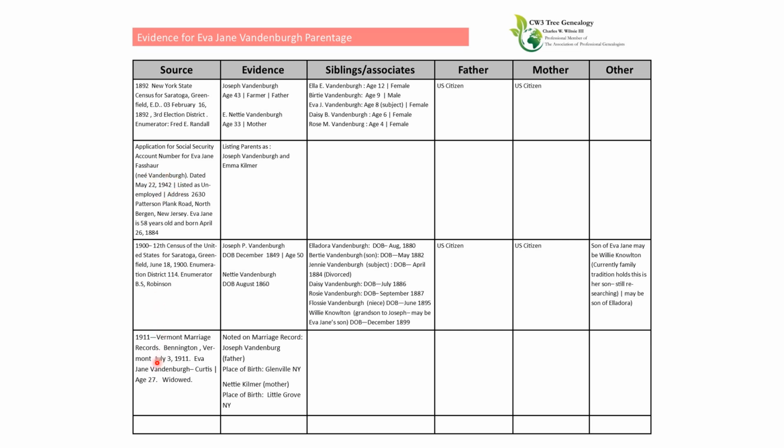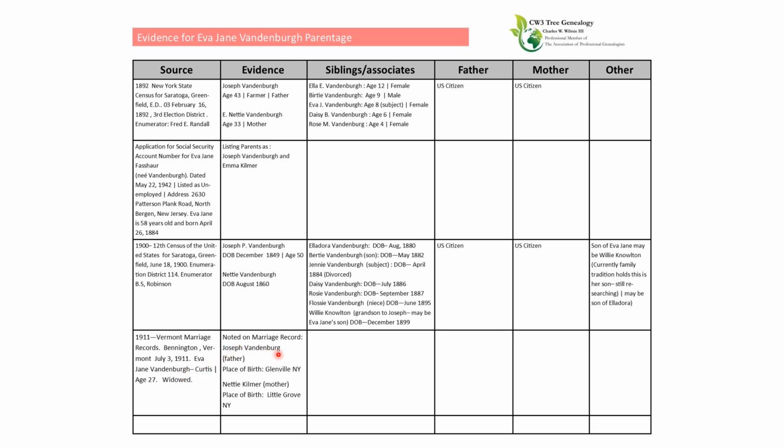So now we have a fourth piece of evidence, 1911, Vermont marriage records, Burlington, Vermont, July 3rd, 1911, Eva Jane Vandenberg, Curtis. Well, it looks like that she was married to a Curtis, and she was age 27 years old, and the marriage certificate indicates that she was widowed.